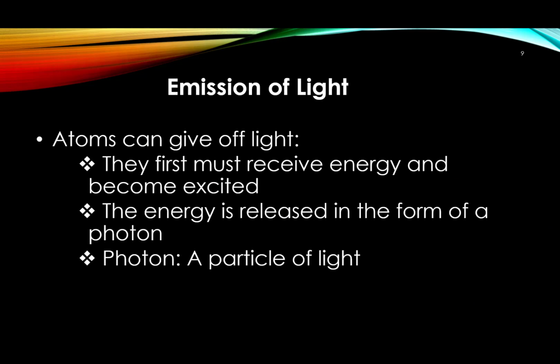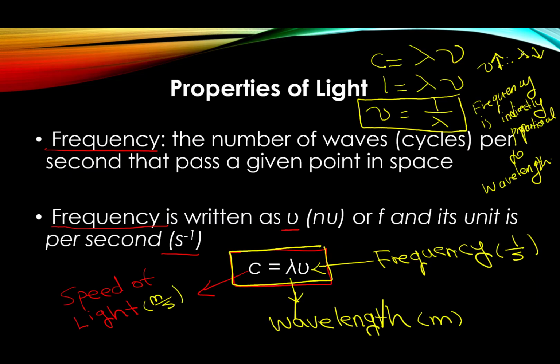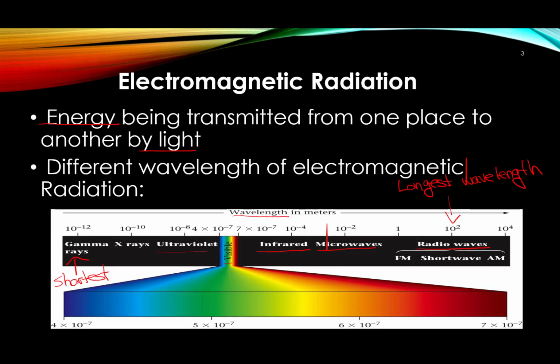Now let's go back to this slide. All right, the electromagnetic radiation. Then as you could see here, gamma rays has the shortest wavelength.